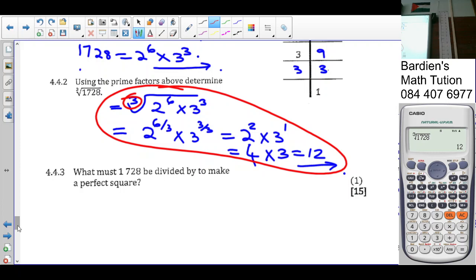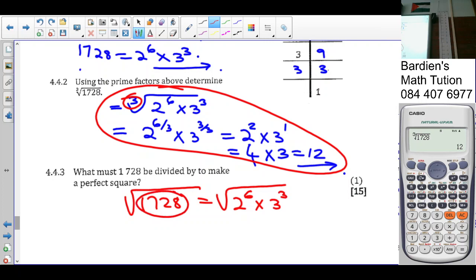So, if that was the number, for the perfect square, 1728 can be written as the square root of 2 to the 6 times 3 to the 3. That is what 1728 works out to be anyway. Not so? Right.